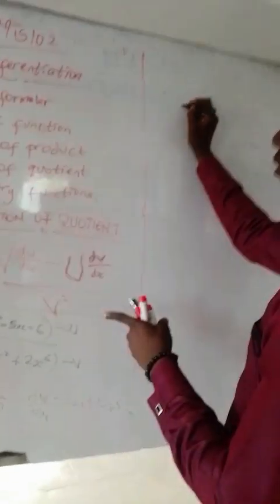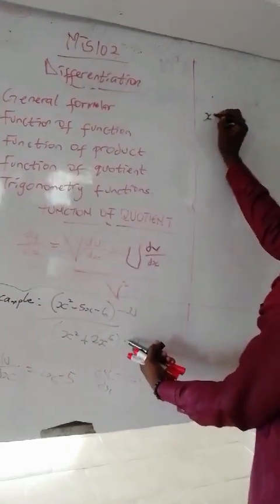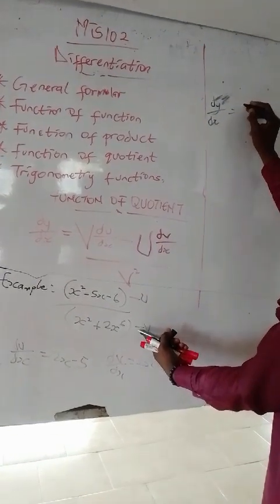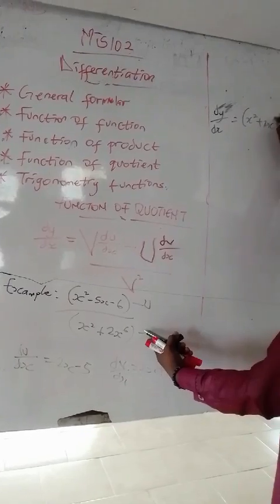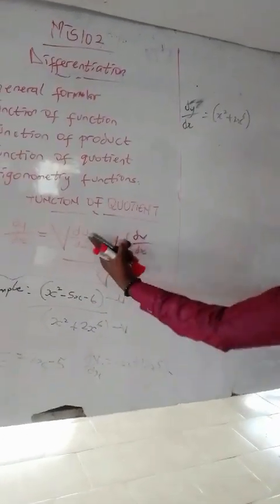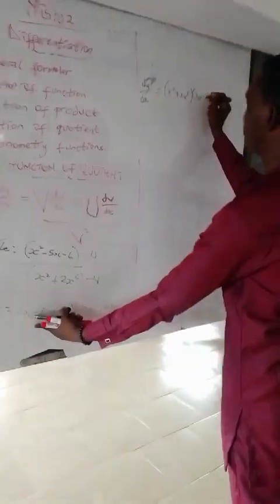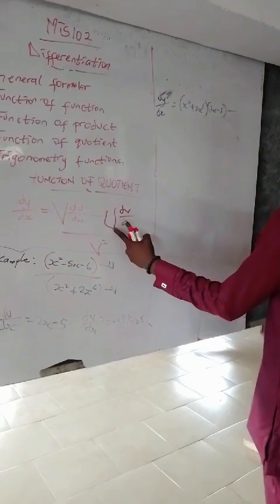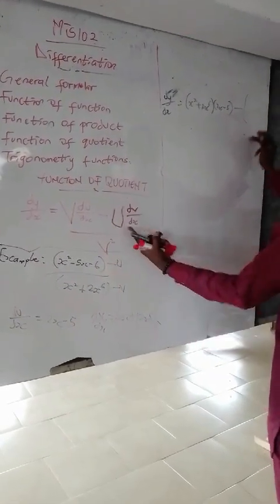So at the end of the day, inputting it into the formula, what is our v? Our v is x squared plus 2x raised to power 6. What is our du over dx? 2x minus 5. Then minus, what is our u? Don't forget, you open a big bracket first before you start this.